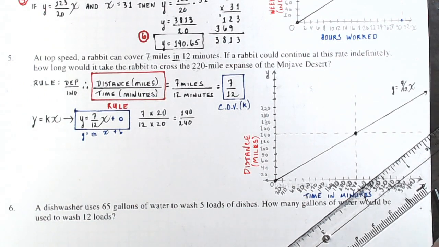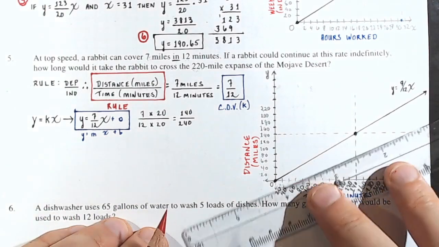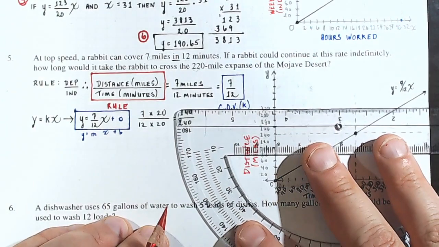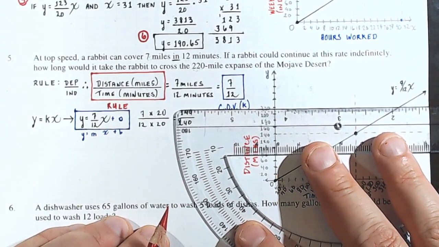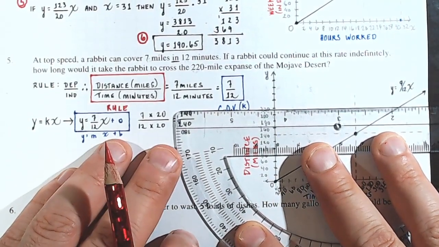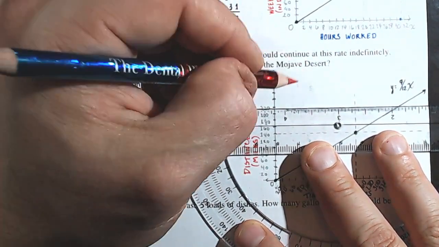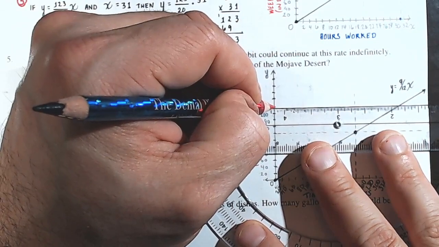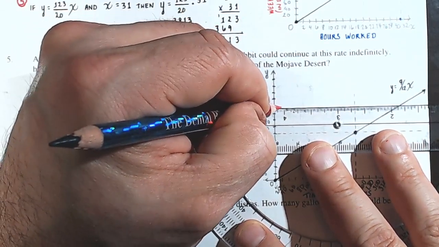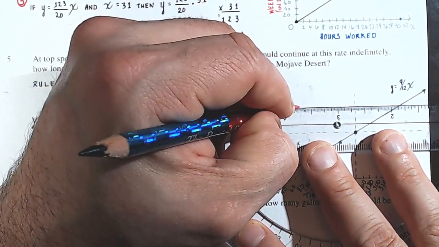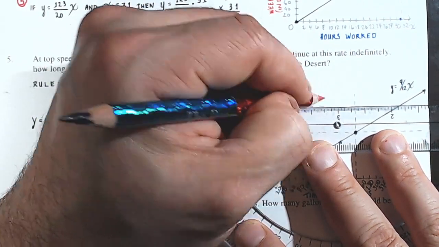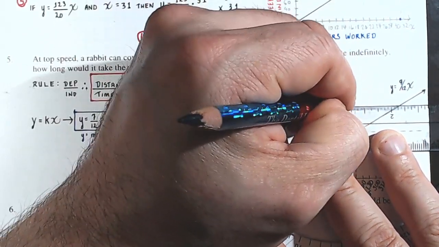We're going to take our protractor and mark off at 220 miles a horizontal dotted line to see where it hits the line that we just plotted. So be super precise. Remember, your precision is going to pay off, and the predictive power of what you're drawing.